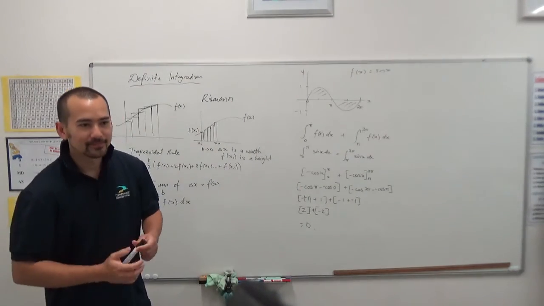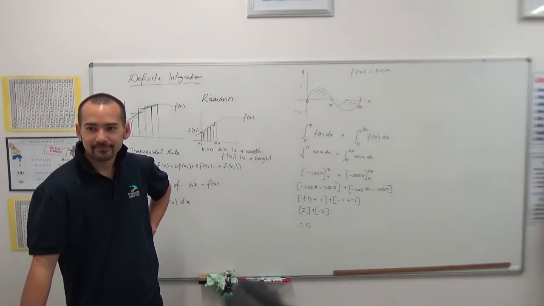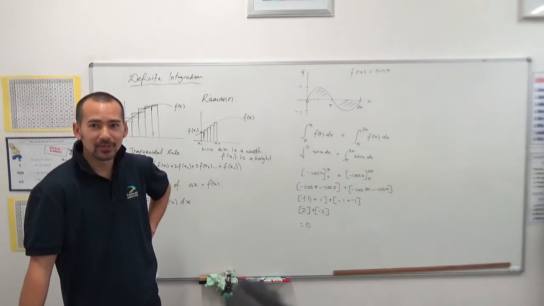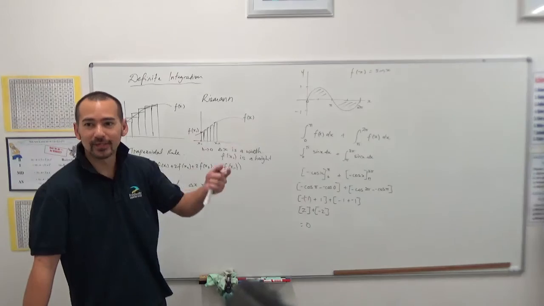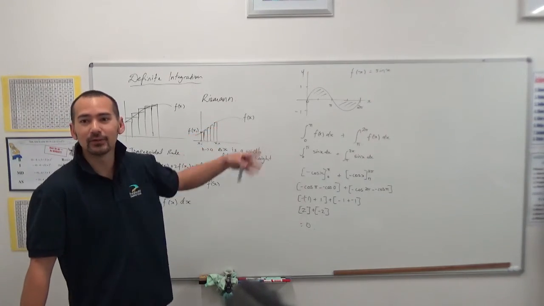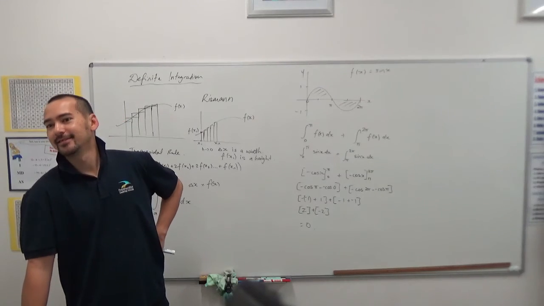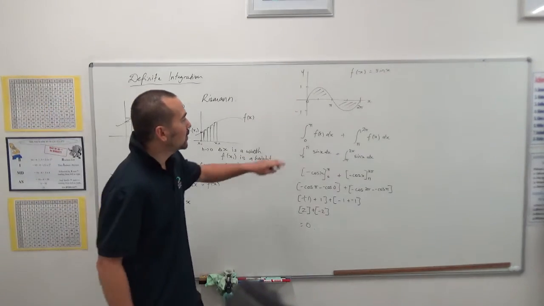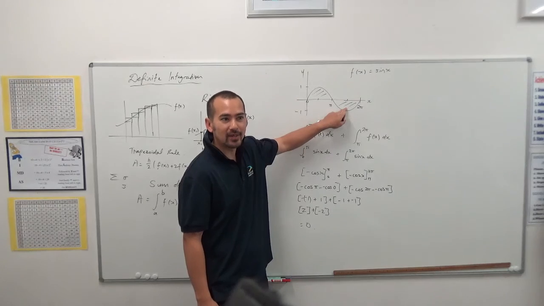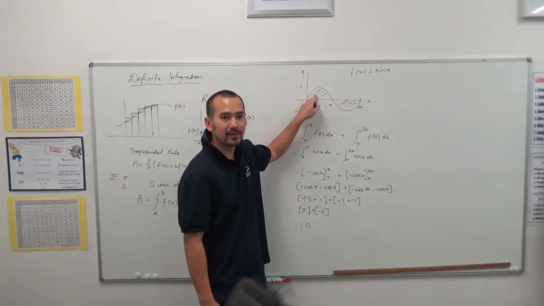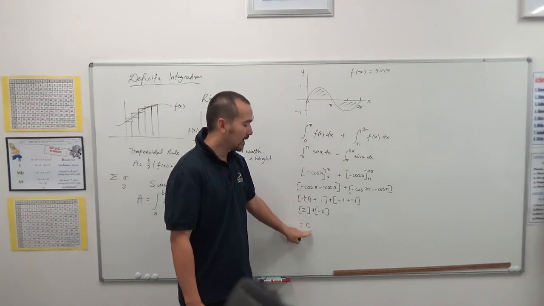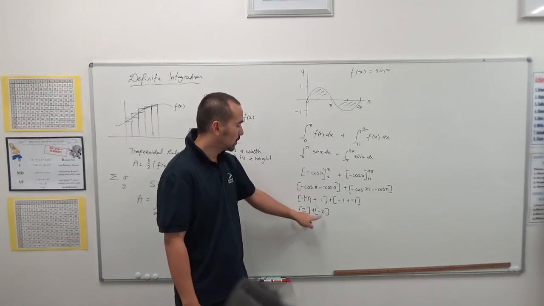Ooh. And we're done. Does that look right? No, you're all going to be confused because how can an area, first of all, be 0 when I can see 2 shaded regions? What happened? The area below, which is a negative area, cancelled out the positive area. And that's why we've got 2 and negative 2.